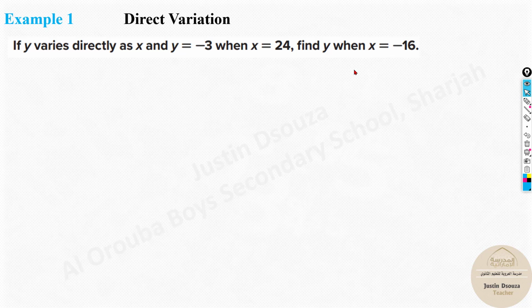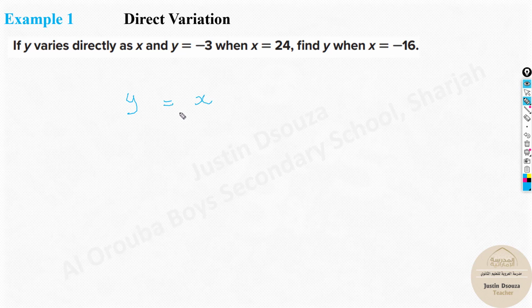Now let's see this. If y varies directly as x, let's first write it. y is varying directly with x. That means y has a relationship with x.